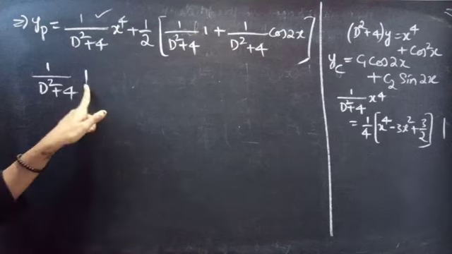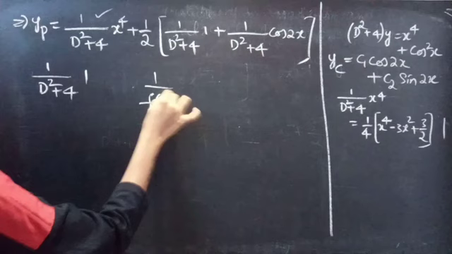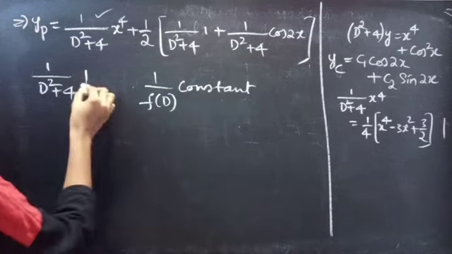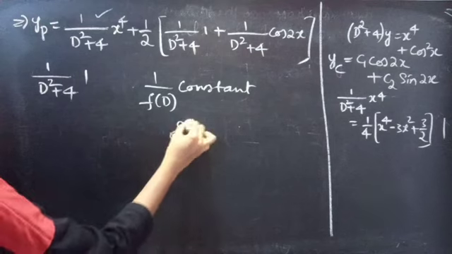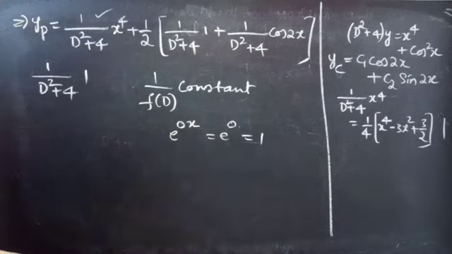So here we are having 1 by f of D into a constant, right? So we can write this constant as e power 0 into x, since e power 0 into x is e power 0, which is equal to 1, right?